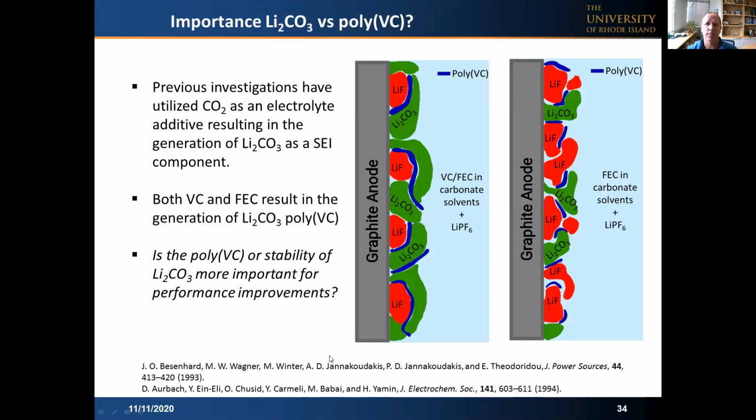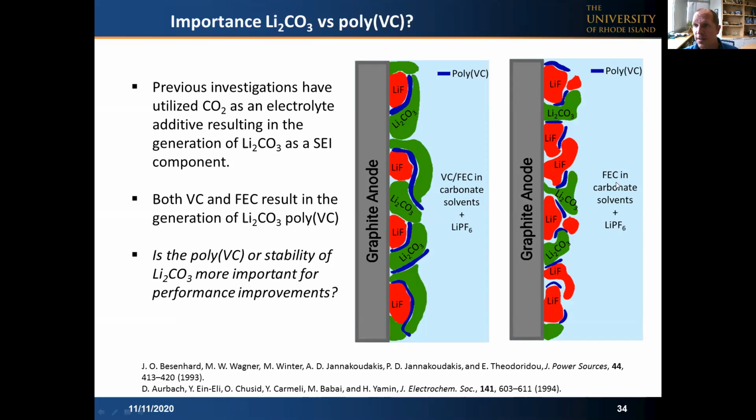So basically, in terms of what's the structure of the SEI generated with the FEC and VC? Well, in the case of the VC electrolyte, what we generate is a fair amount of lithium fluoride, still high concentrations of lithium carbonate, and also poly-VC. And in this case, since the polymerization mechanism is a catalytic polymerization mechanism, we anticipate significantly higher molecular weight poly-VC and much more heavily cross-linked poly-VC.